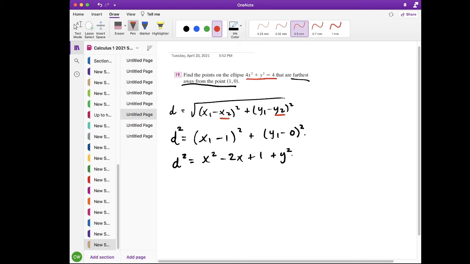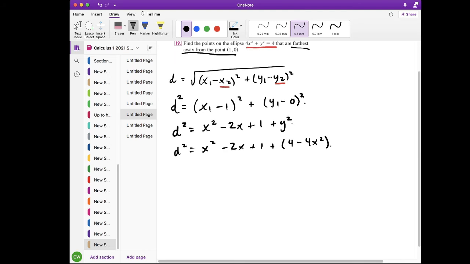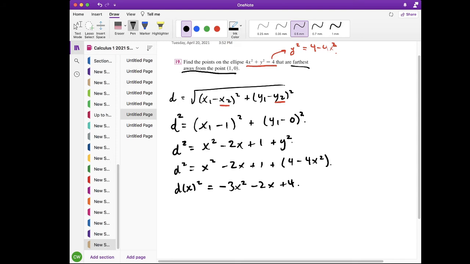We can just solve for y squared. That's that y squared is equal to 4 minus 4x squared. So it kind of saves us some hassle. Okay, so now we have a function d of x squared is equal to negative 3x squared minus 2x plus 4. Okay. Everyone okay with that?